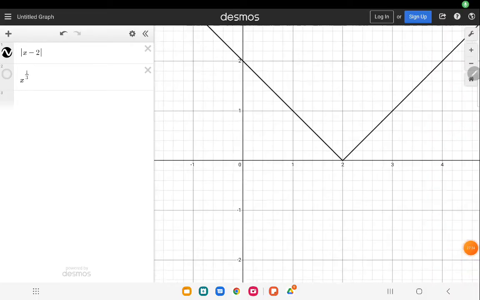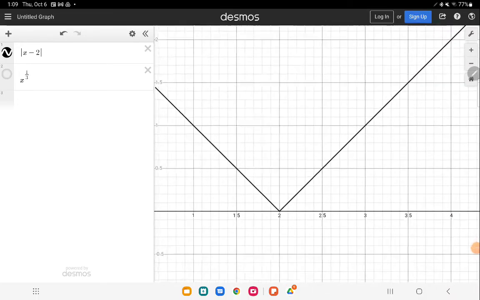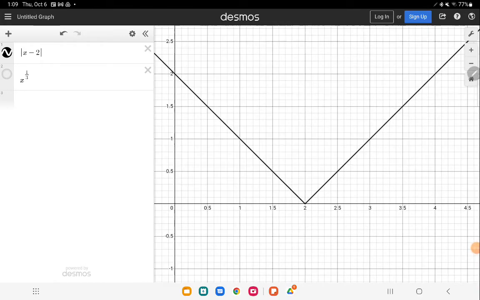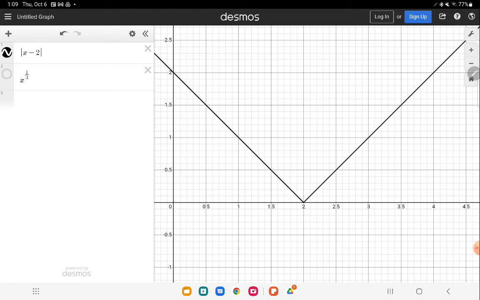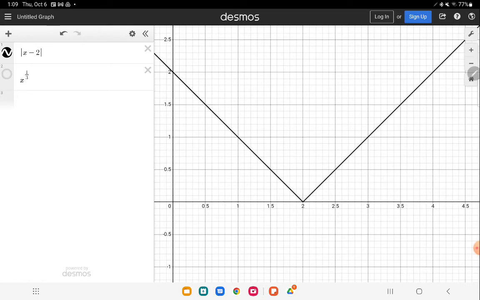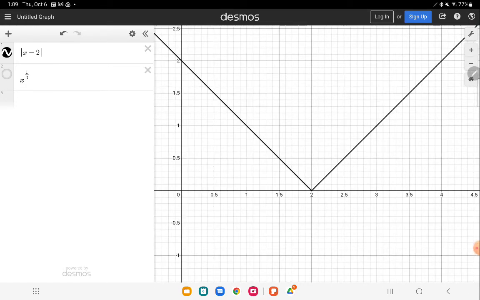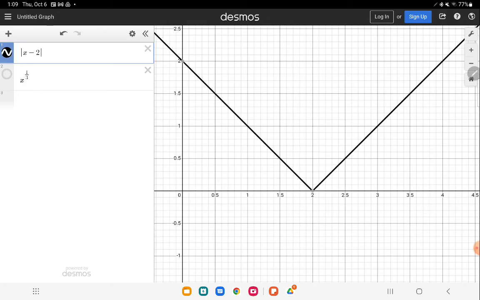If we look at the function, the absolute value of x minus 2, you notice right at this point, where the left side and the right side come together, that is where it would not be differentiable. At the point (2, 0), it would not be differentiable because it is a corner.